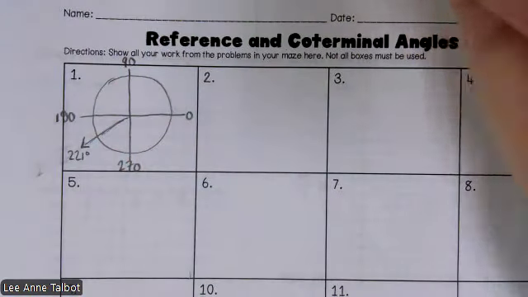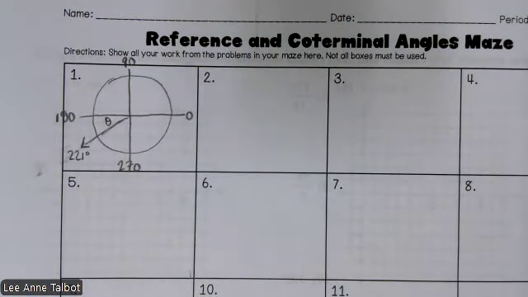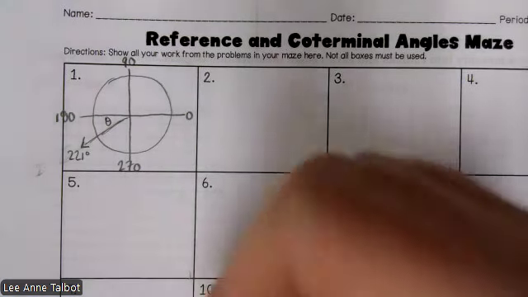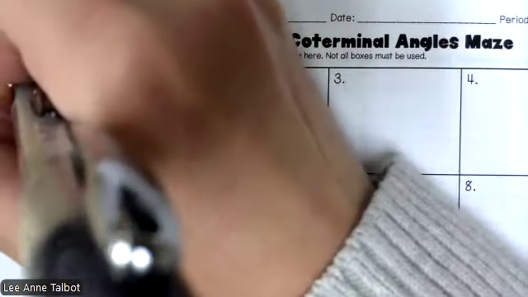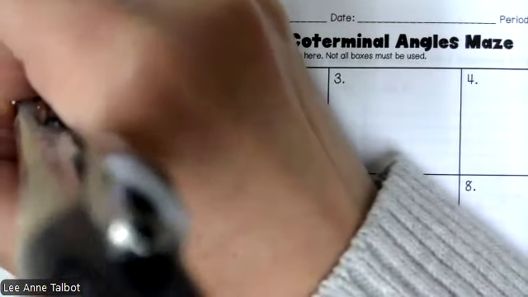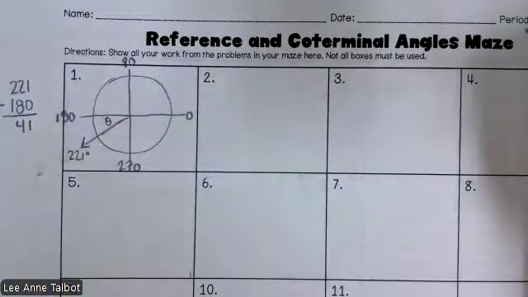Okay, I know my picture's ugly, but hopefully it makes sense. Reference angle is always between that angle and the x-axis. So 221 minus 180 is 41.